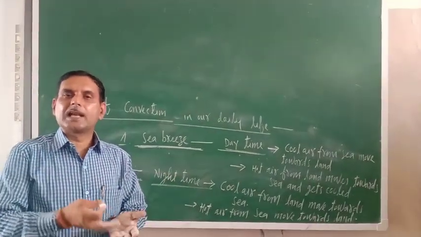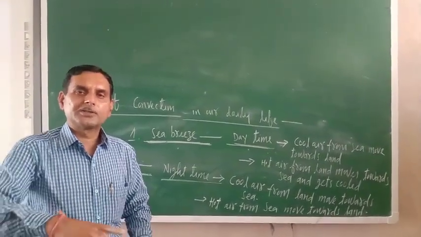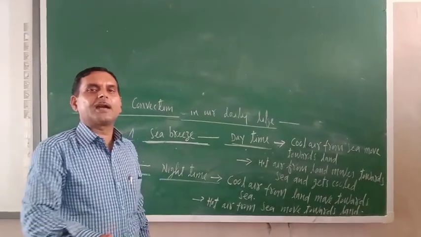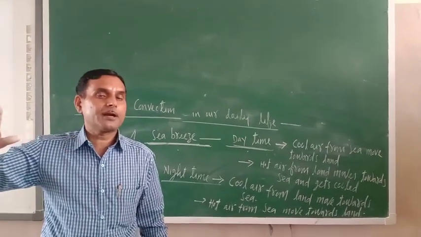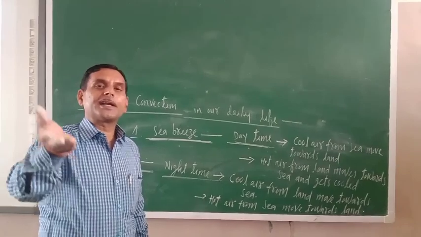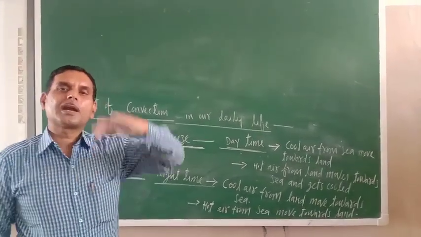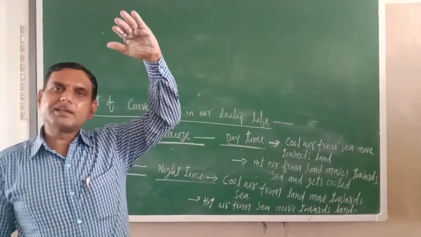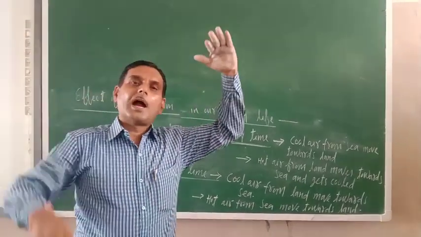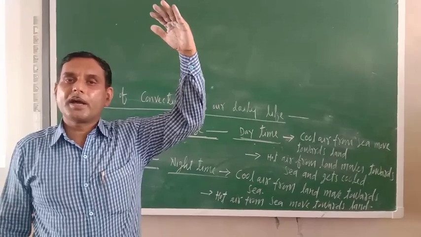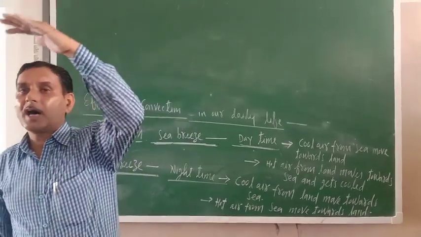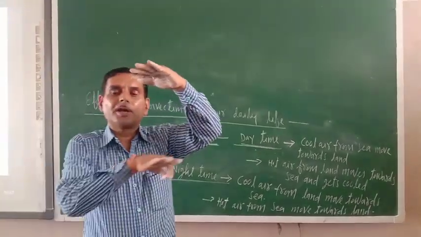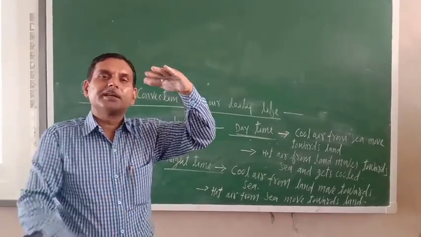So since the land heats fast, the air near the land also gets heated up, and hot air is lighter air, so it will rise. I am talking of daytime only. So the hot air will rise up, it will go up, and now this hot air will move towards the seaside. So now one gap will be generated near the land.